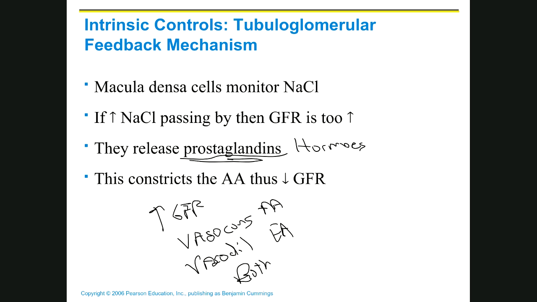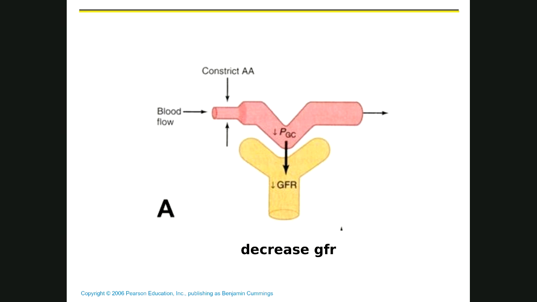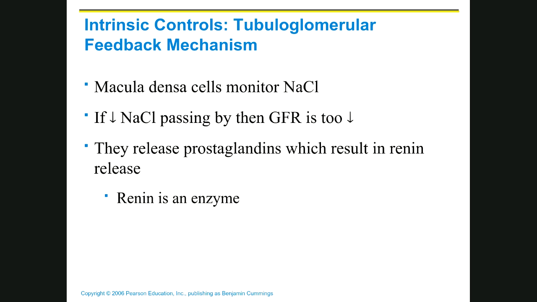We get vasoconstriction of the afferent arteriole. And if that happens, GFR is going to go down. Make sense? Any questions? So that is if there's too much sodium going by.